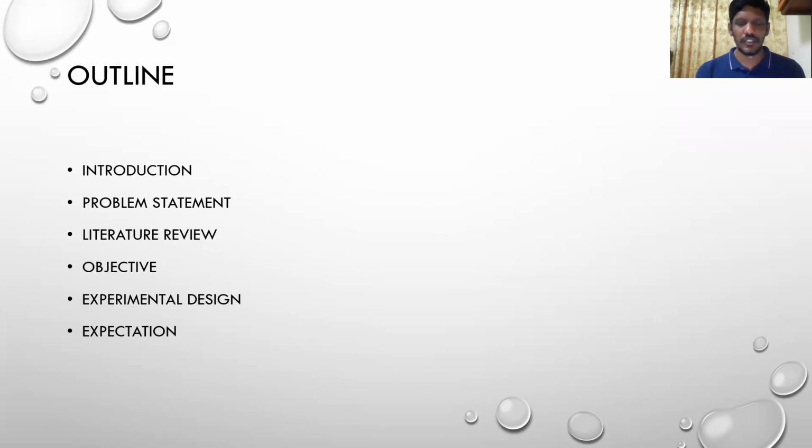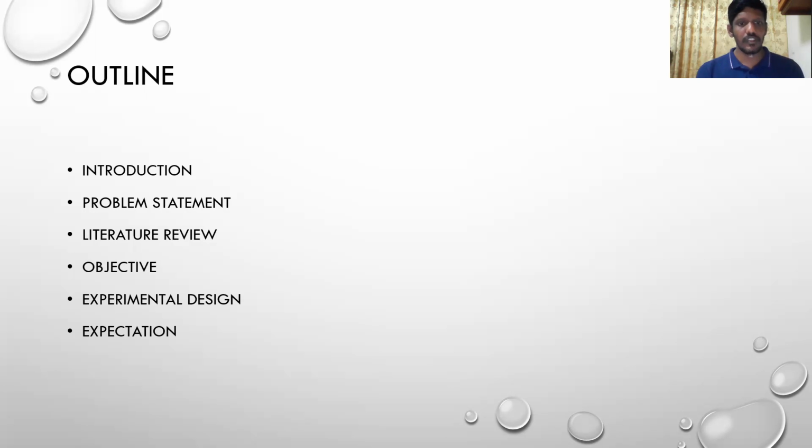I'll explain the issues related to the misuse of edible oil and the challenges encountered during the analysis process. The third is literature review, where I selected three published journals related to this topic. And the fourth is objective, where I'll show my objective based on this research.